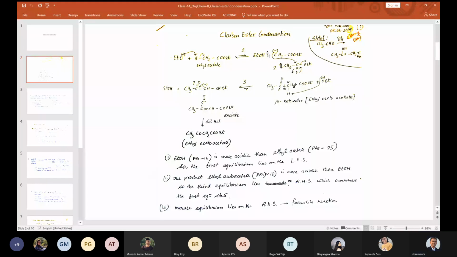So even if this equation lies towards the left hand side, you do get some extent of this one, otherwise you would not even get this product. You definitely get this product, and once you get it, it also attacks this starting material. Whatever minimum amount of this you get, it attacks this to get this one.